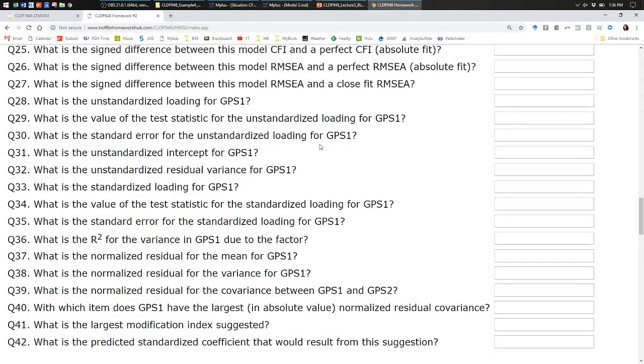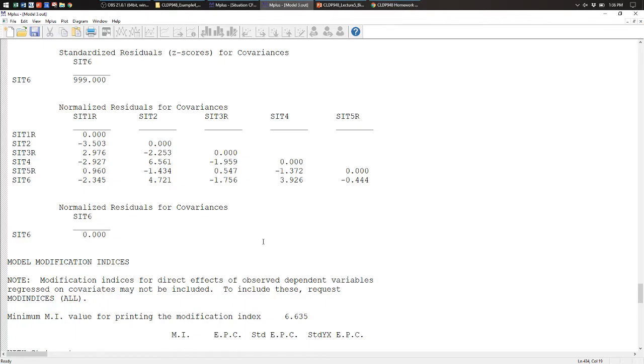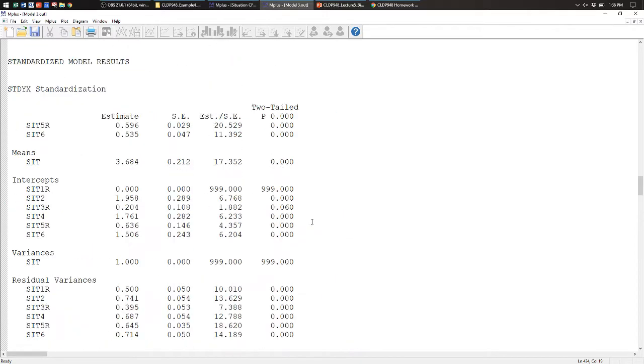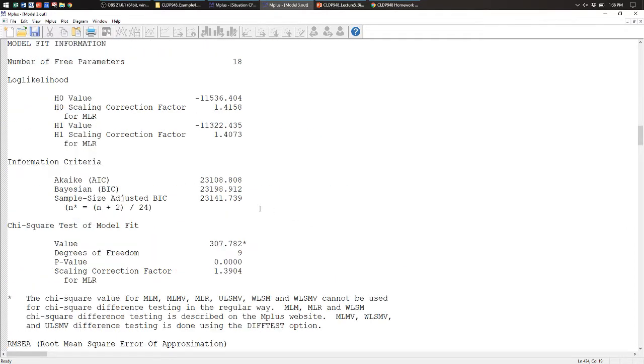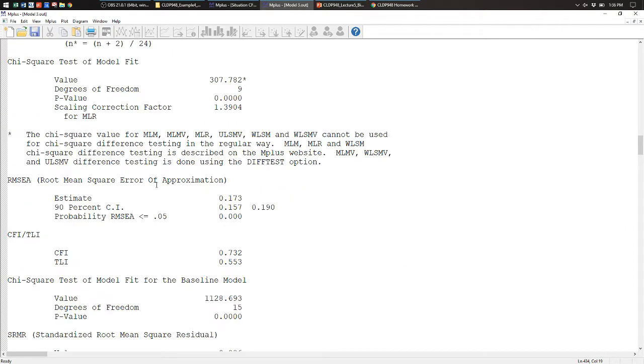The term close fit goes into this RMSEA confidence interval, and so it has a specific definition by the people who invented it. This confidence interval and this probability that RMSEA is less than or equal to 0.05, that is known as the test of close fit in this specific context.